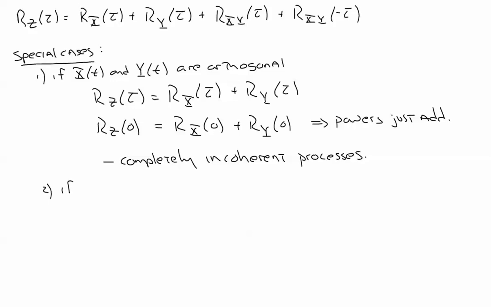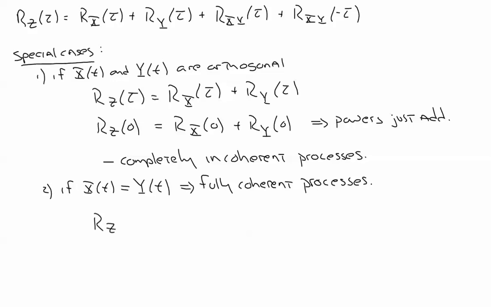If X of t equals Y of t, we get a fully coherent process, and so what I end up with is my cross-correlation terms become autocorrelation terms, and my result is then four times my autocorrelation of either X or Y. All right? My cross-correlation terms become autocorrelation terms.